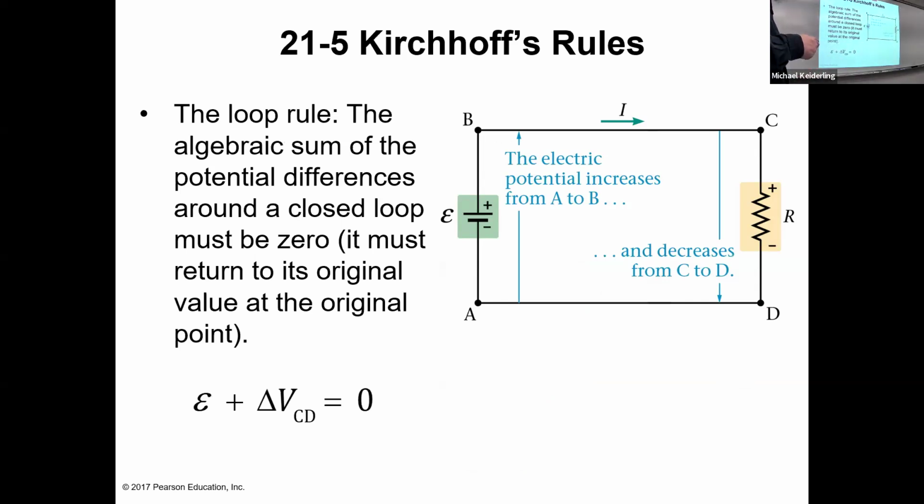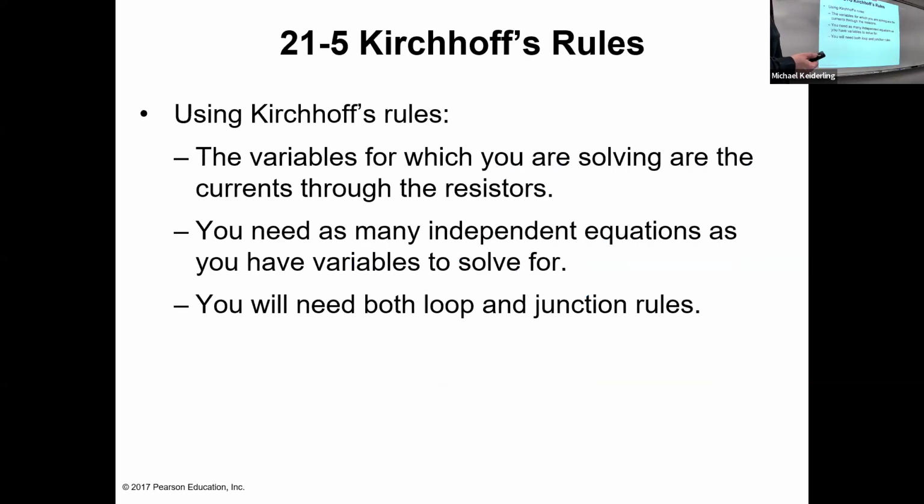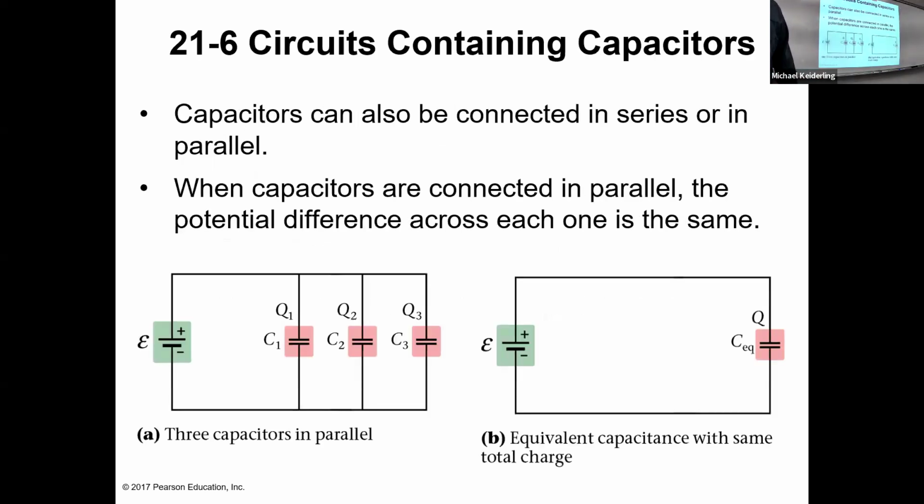So the electric potential increases from A to B, and then it drops from C to D. That drop is going to be current times resistance. The variables you're solving for are the currents and the resistors. You need as many independent equations as you have variables to solve for, and you'll need both the loop and junction rules. So that was just a quick review of Kirchhoff's rules.